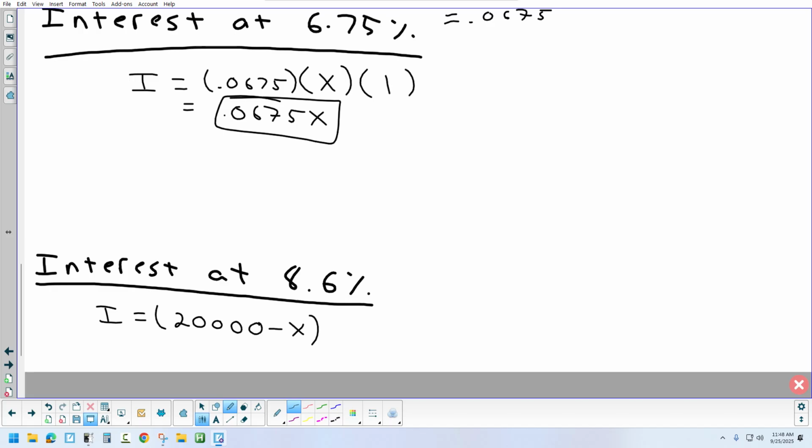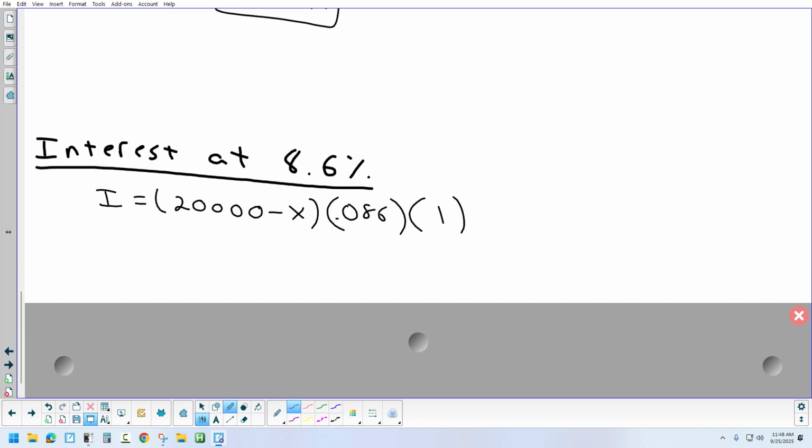So that's my principal. What would be my rate? Remember, the rate has to be a decimal. 0.086. And again, the time is still 1 year.